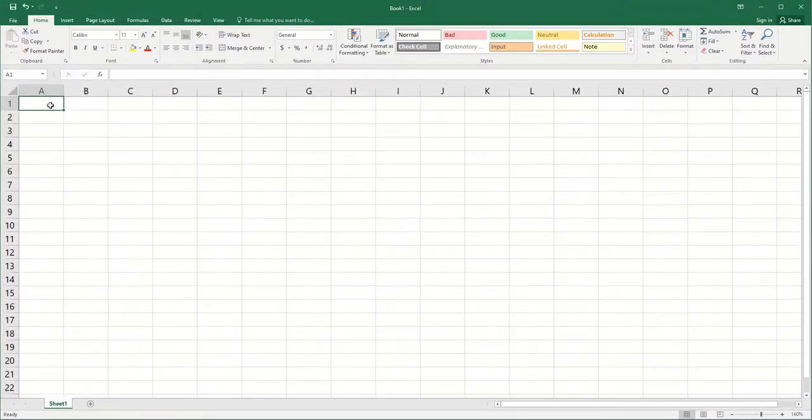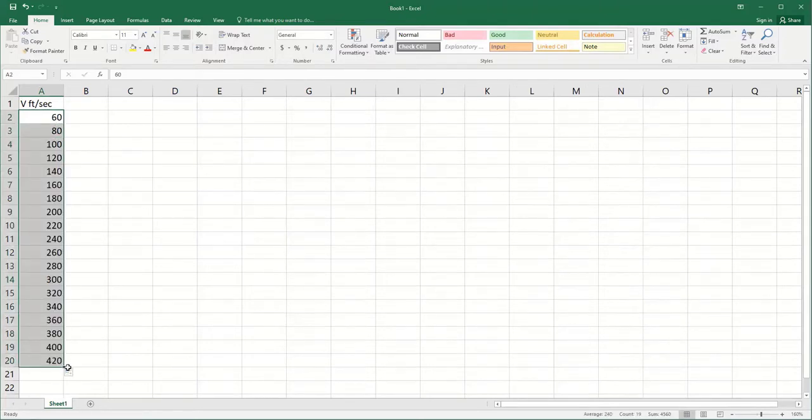So this will be our velocity column, feet per second. And we'll vary that from 60 upward, and we're going to do it by steps of 20, just like we did before. I went too far. We only want to go up to about 300 here.